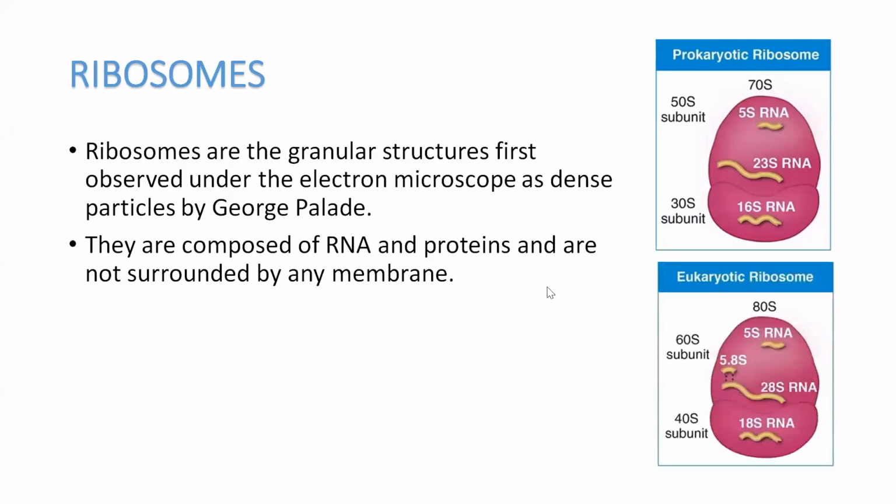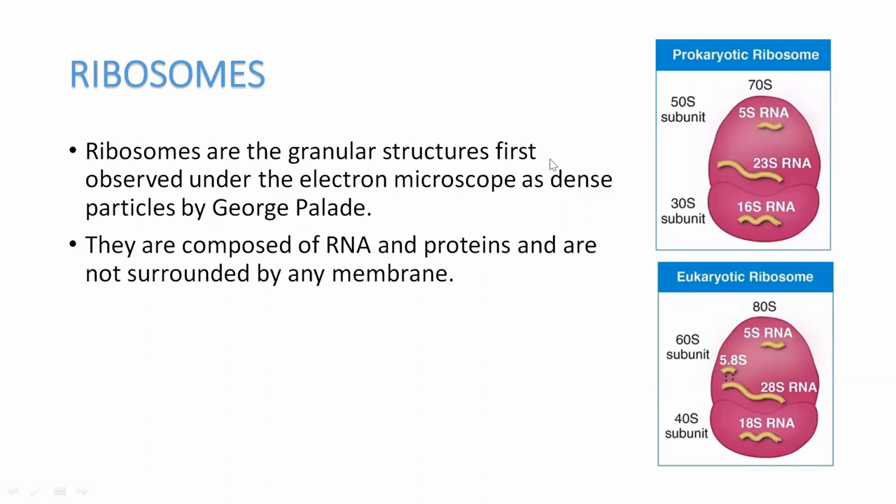Coming to the eukaryotic ribosomes, it is called the 80S ribosome. It has a 60S subunit and a 40S subunit. The 60S subunit contains 3 RNAs: 5S RNA, 5.8S and 28S RNA, whereas the 40S subunit has 18S RNA. All these RNAs present in the ribosomes are called rRNA, ribosomal RNA.